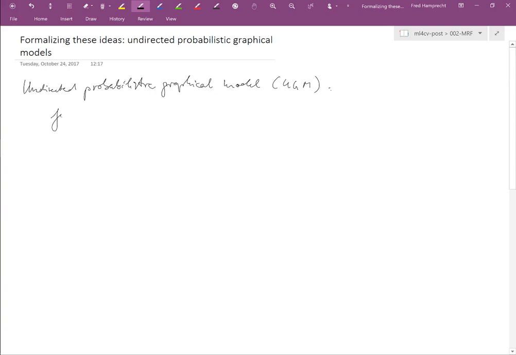It means that I formulate some distribution as a function that factorizes in a simple way over the constituent random variables.